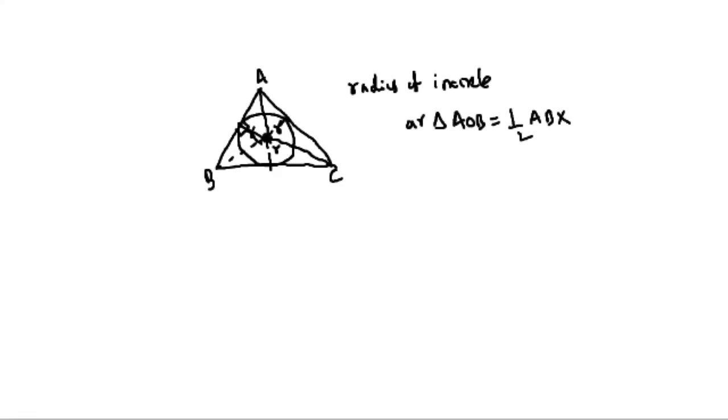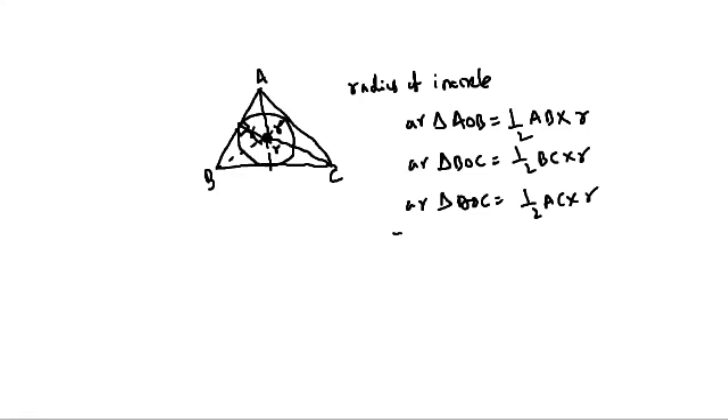So area of triangle AOB will be half AB into R. Area of triangle BOC is going to be half BC into R. Area of triangle AOC will be half AC into R. You have a similar question, remember, in circles, the long question in the second exercise, where we find the area of the three triangles and add. So when you add these three small triangles, what will you get?